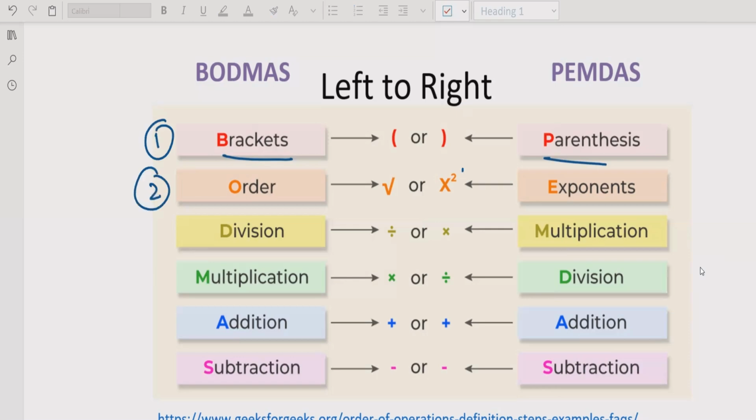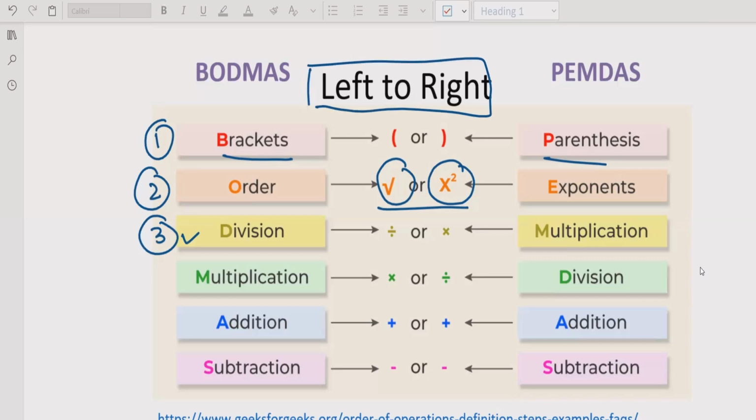It means that if your expression contains any x square or root, you have to solve this part first. Similarly, for division and multiplication, you have to follow the left to right rule, because they both have the same precedence.